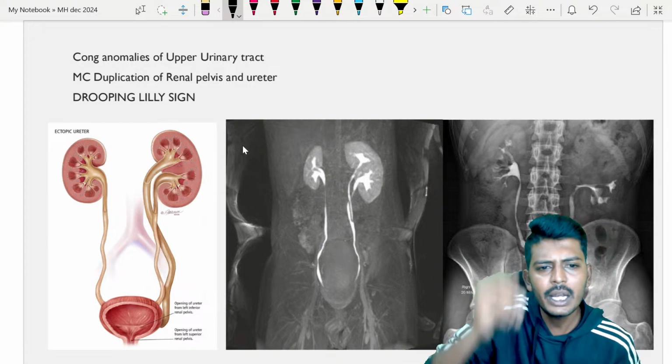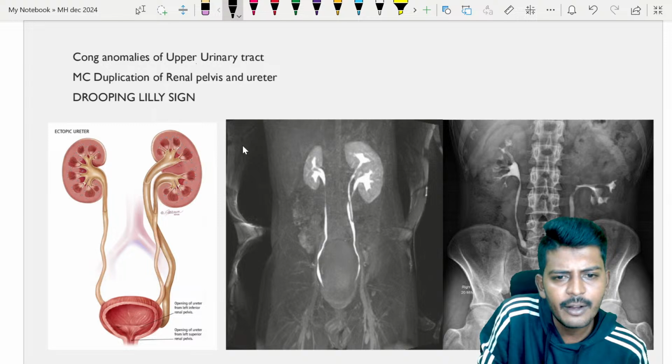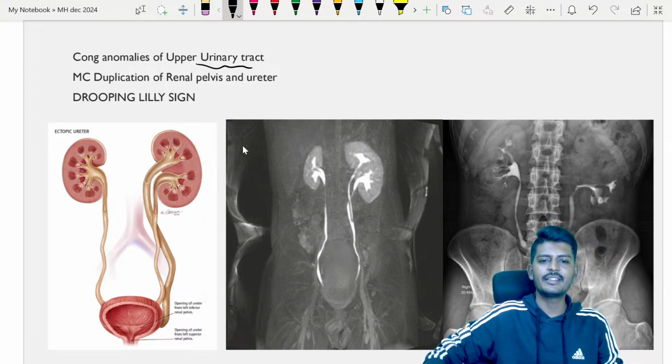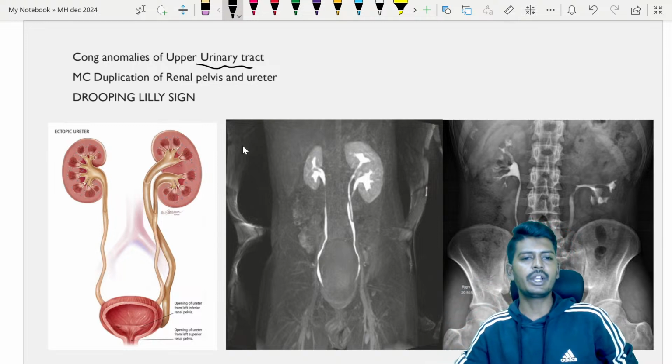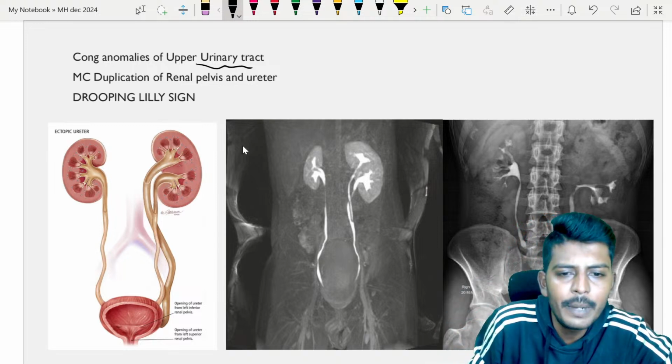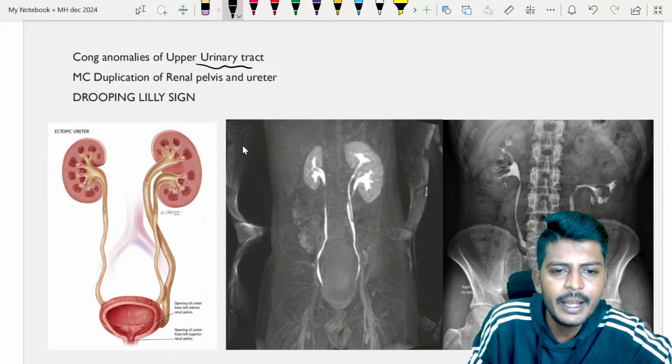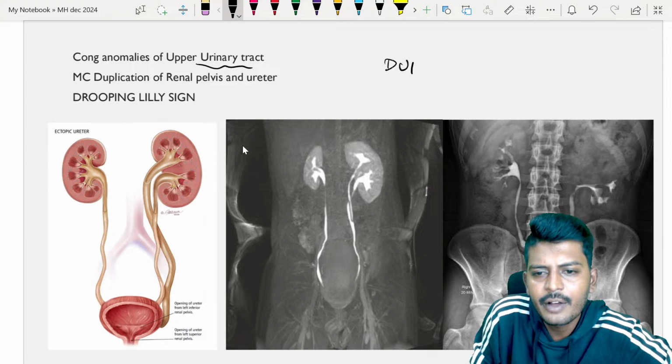Lower urinary tract we have already read. Let's go to the upper urinary tract. A few of the congenital anomalies. One of the most important ones is called duplication of renal pelvis and ureter. Now please understand, duplication of renal pelvis.